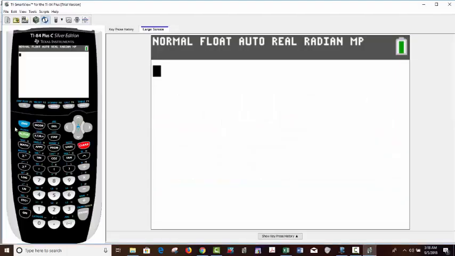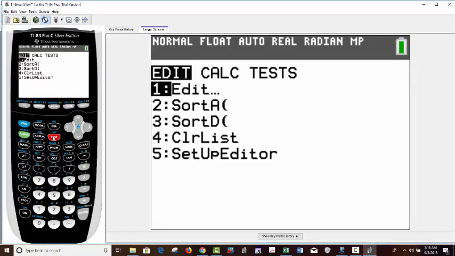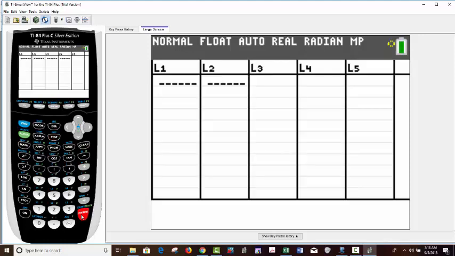So 12, 13, 7, 5, 9. So I'll go Stat. I like the way that these light up on the screen here in red. Stat, Edit's the first one, enter.